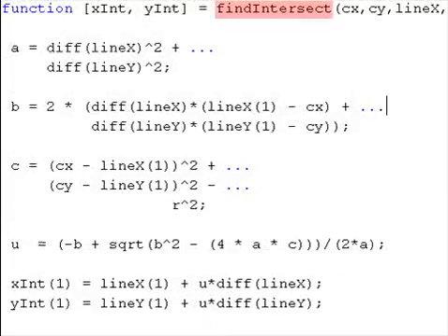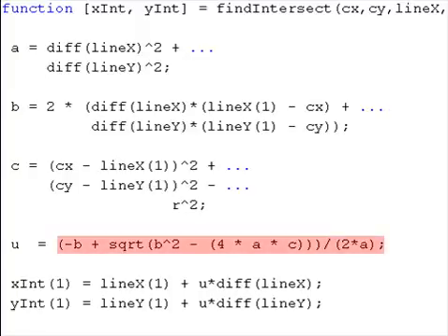With the find intersection code, it really doesn't matter too much how I derived the equations that we needed to find the intersection of the line segment and the circle. It's enough to know that it's just going to be the quadratic formula and that we solve it here.